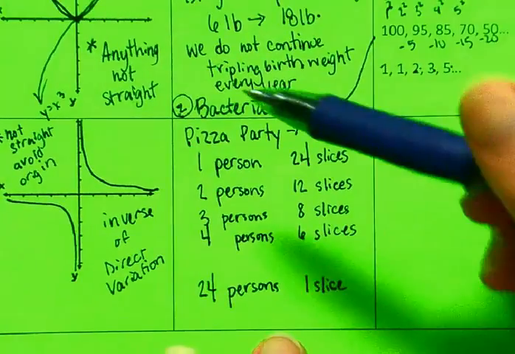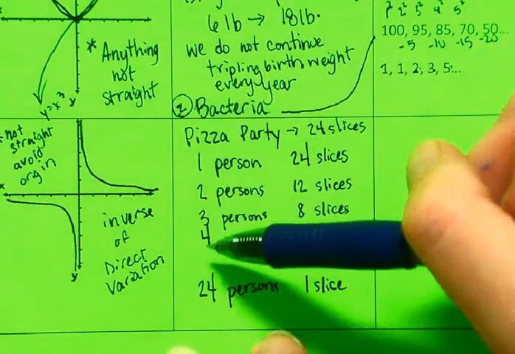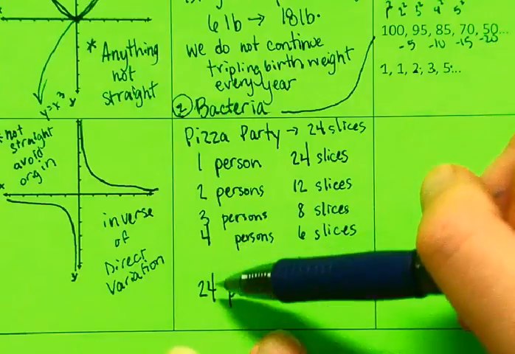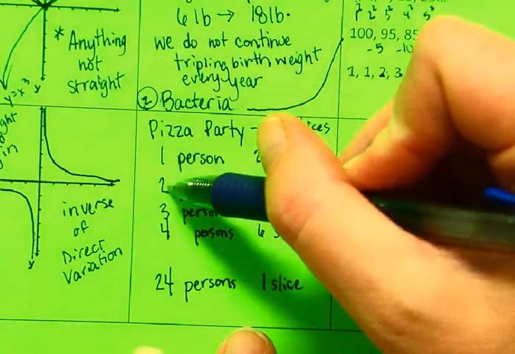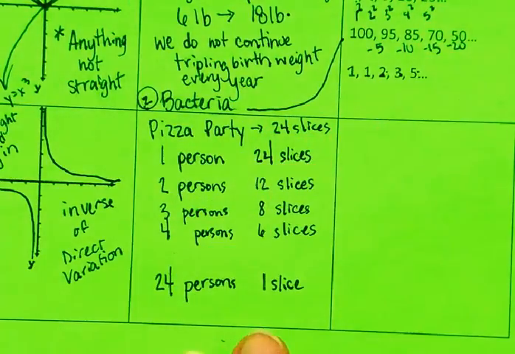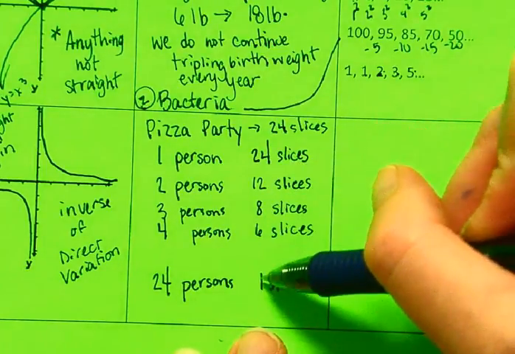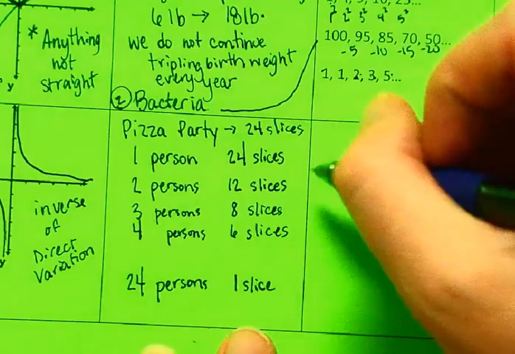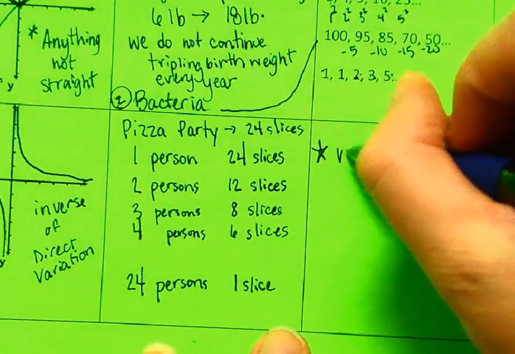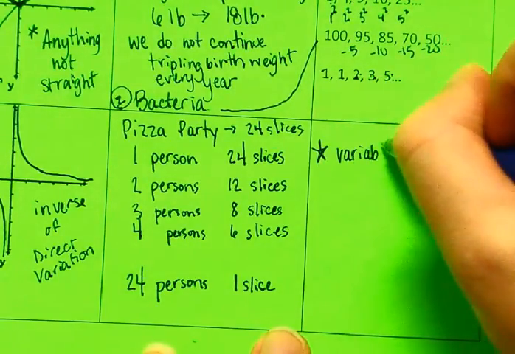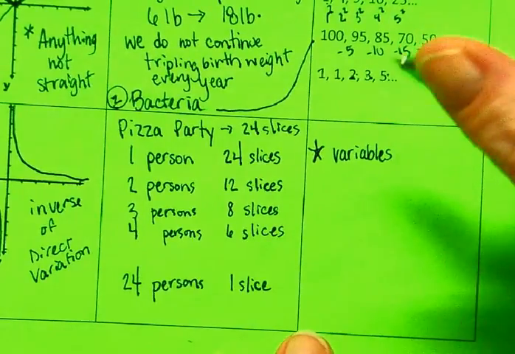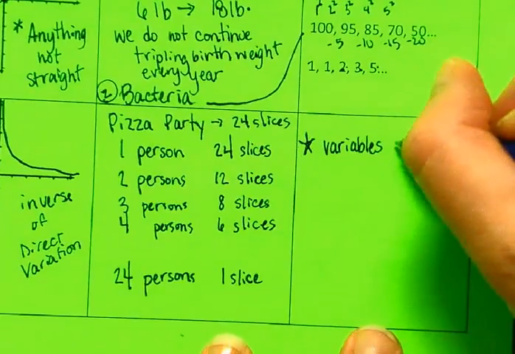So what I want you to notice here that should stand out to you about an inverse variation is as the number of people increases, the number of slices of pizza they can eat each decreases. So your variables are going to go in opposite directions. That's something that should stand out to you about an inverse variation.